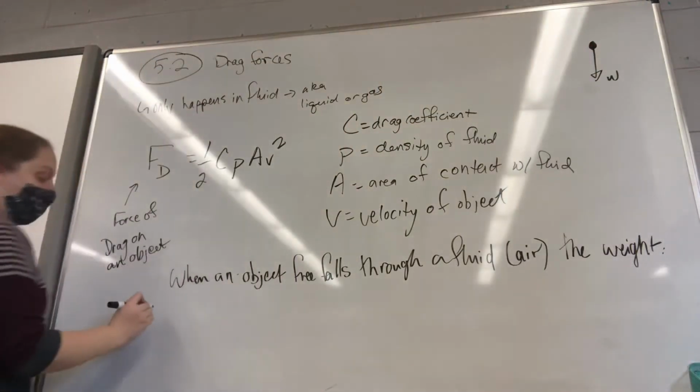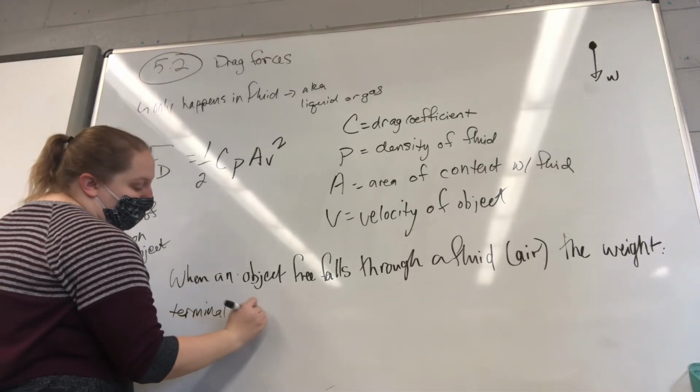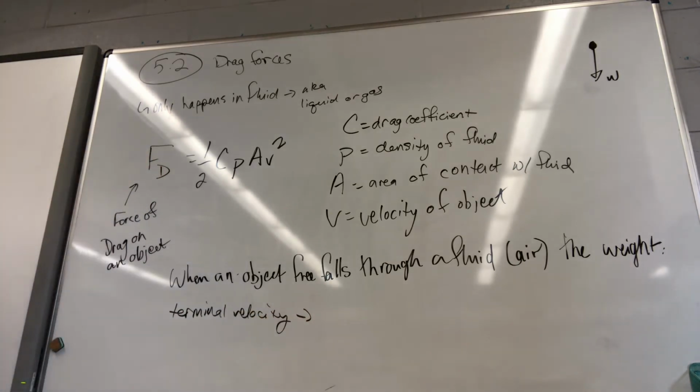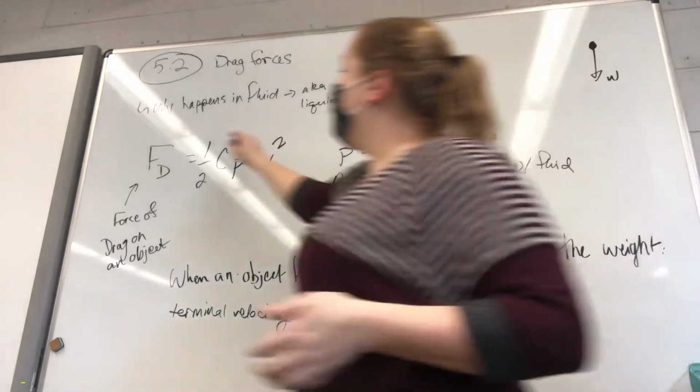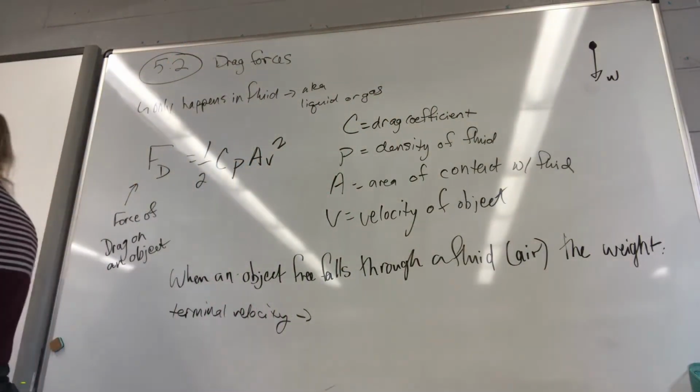Because of this, these objects have what we call terminal velocity, meaning they cannot move any faster than the fastest speed that gravity can pull it. Most objects don't hit terminal velocity before they hit the ground. Really, the only objects that do are things we throw out of planes: people, crates, you name it. If we want to find the terminal velocity of an object, we can make the assumption that this whole equation equals weight, because the force of drag is the only thing pulling it down, which is the weight force.